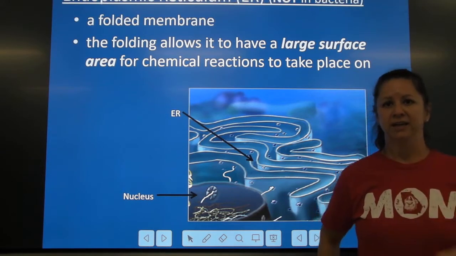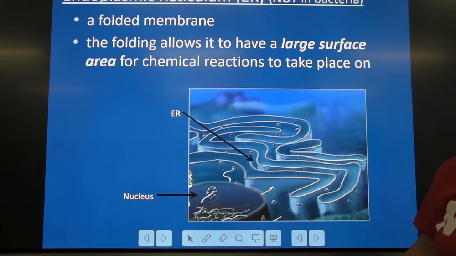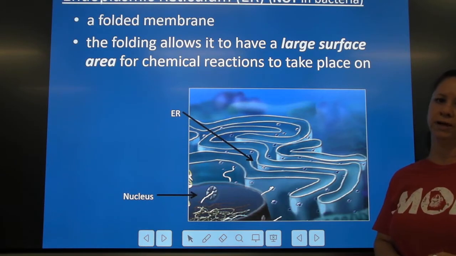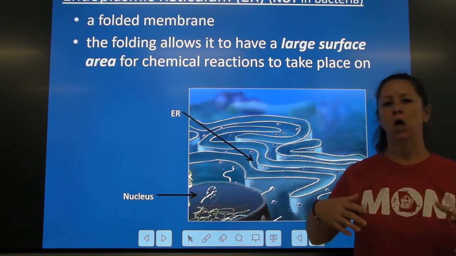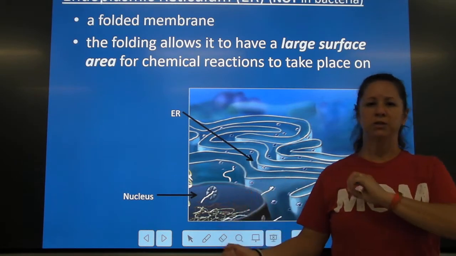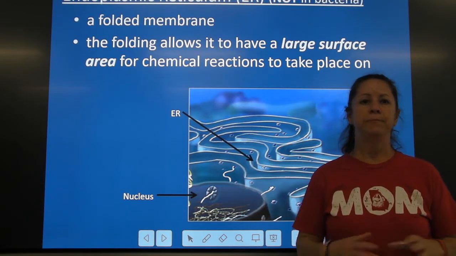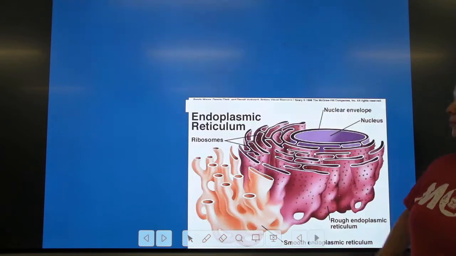And the folding allows it to have a very large surface area. And that's so that a lot of different chemical reactions can take place. The ER is a busy little place. Some parts of it have ribosomes, so it's busy making proteins. Other parts of it are busy making fats, which are lipids. Okay, so lots of chemical reactions.